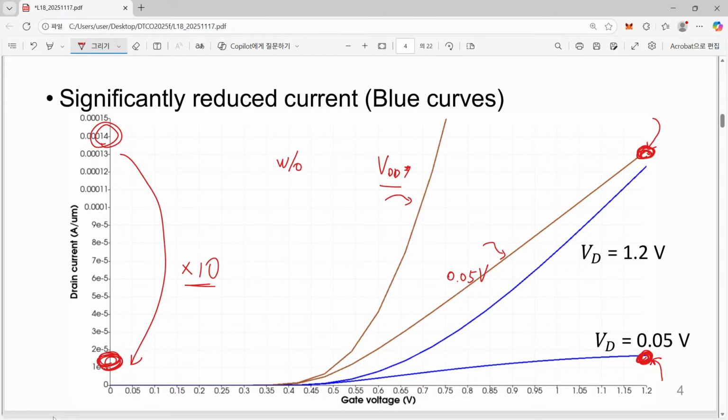Why? It is simply because without this physical mobility model, the default value of our silicon mobility is around 1,400 square centimeter per volt second. If we have quite pure silicon material at 300 Kelvin, this is the value we can expect.